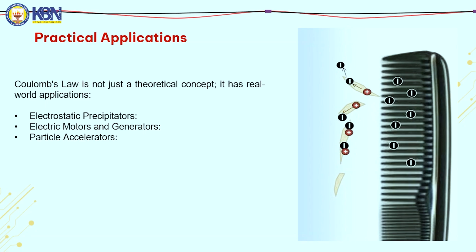In electric motors and generators, the motion of electric charges creates electric currents which are harnessed in devices such as generators and motors. Particle accelerators are used in cutting edge physics research to accelerate particles to higher speeds.